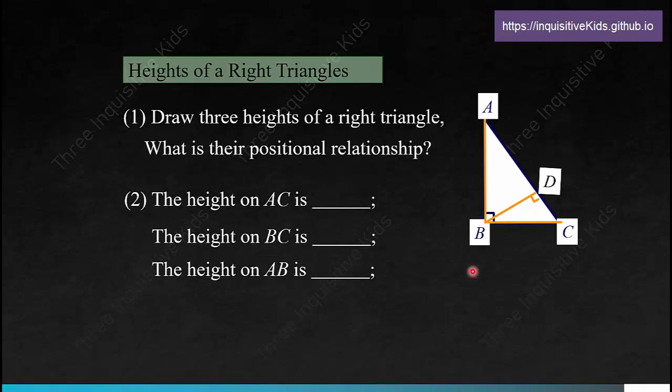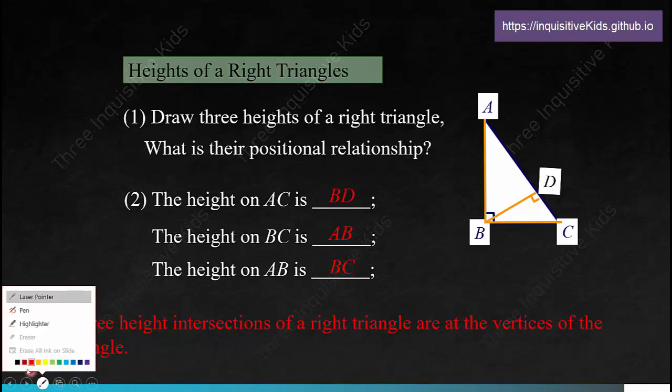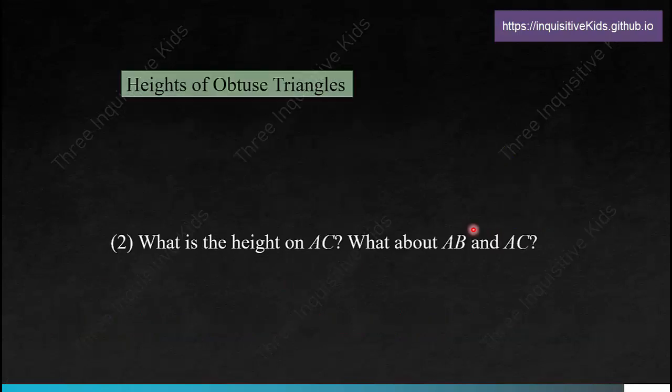The height on AC is BD, the height on BC is AB, and the height on AB is BC. The 3 heights of a right triangle intersect at the vertex of the right angle. So where all of these heights intersect, it's at vertex B over here.